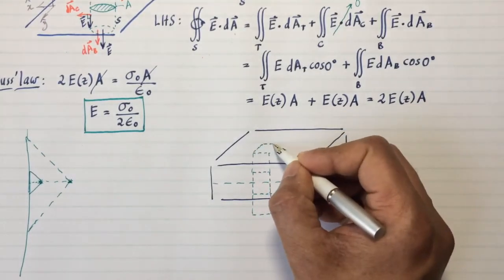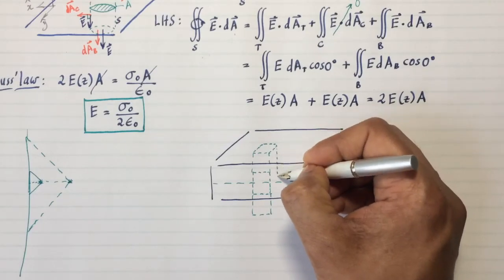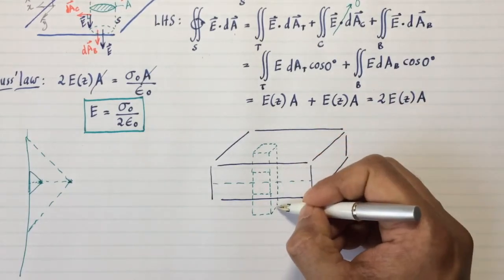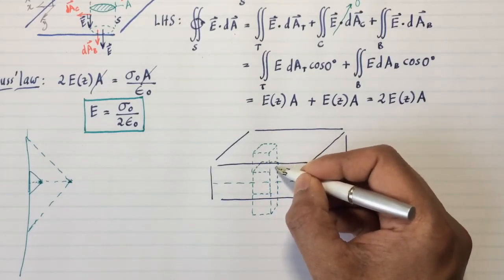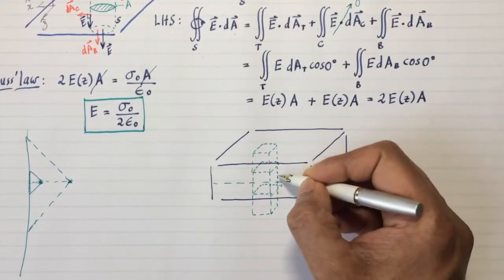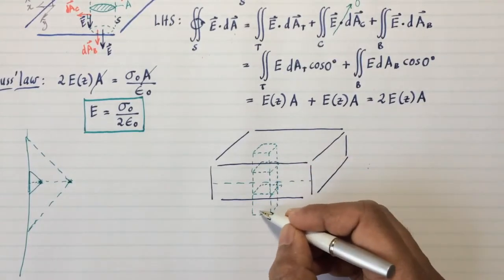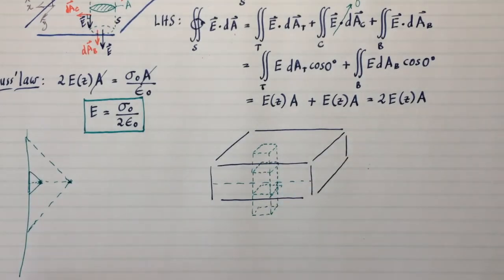So I'm going to draw a square pillbox, cuboidal. It's a technical term for the pillboxes I'm drawing. So the inside pillbox looks like this, and the outside pillbox is a bigger version of the inside pillbox.